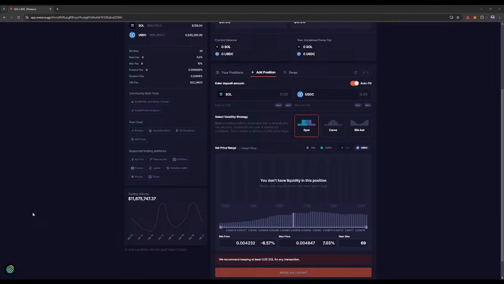So this is an efficient way to provide liquidity in stable pools like LST pools, or stablecoin pools like USDC, USDT. And then the third strategy that is available to us on Meteora is the bid ask strategy.